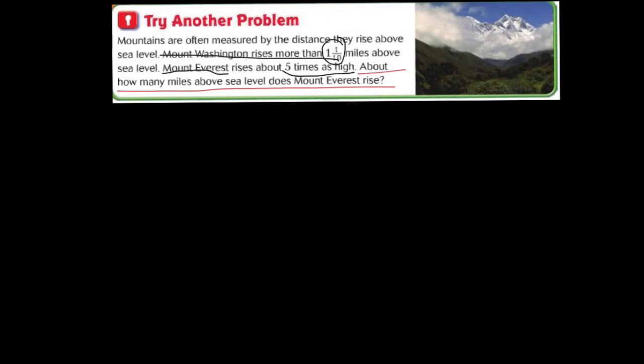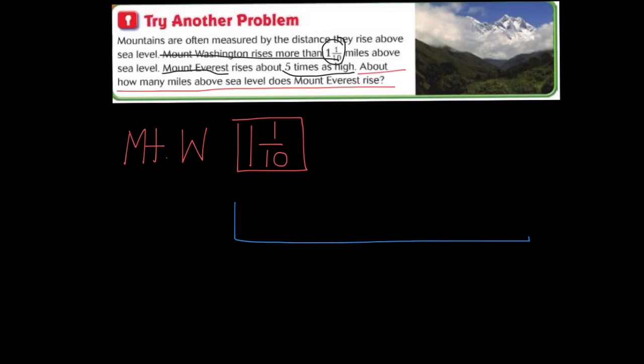So I'm going to look at it from the perspective that we did before with the visual. So I know that Mount Washington is 1 1/10 mile. So this is Mount Washington. I'm just going to put Mount W. Then I know Mount Everest is 5 times as high. So I have 1, 2, 3, 4, 5, and this is Mount Everest.